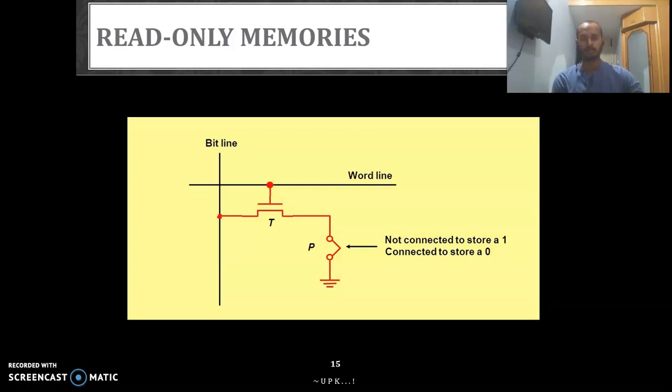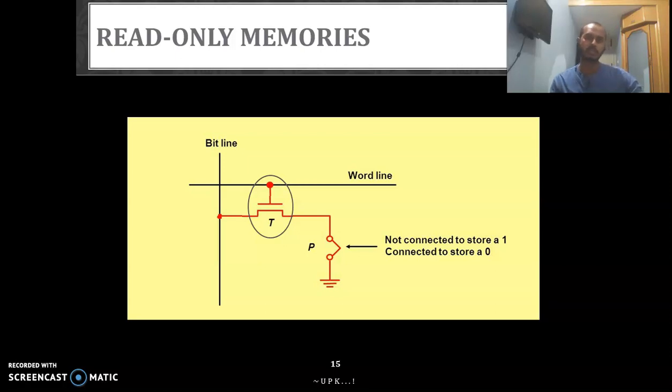This is about reading. When we want to write or store data, the P switch is toggled. As specified in the diagram, when it is connected, it will store 0. When it is not connected, it will store 1. If you observe here, the transistor which is dealing with reading the data from any ROM is more important, because ROM is mostly used for reading data.